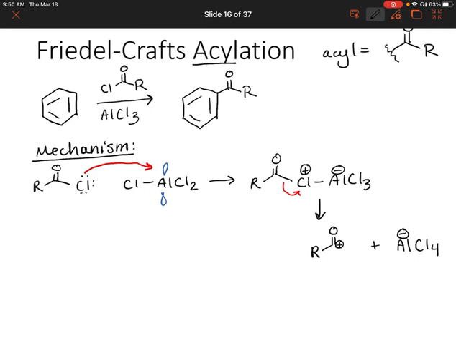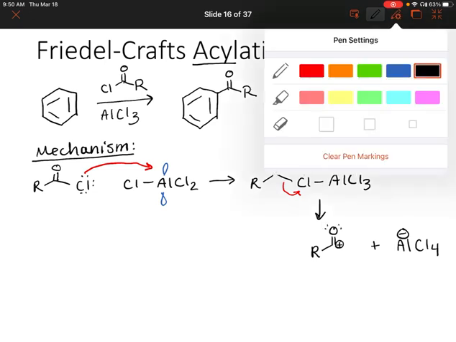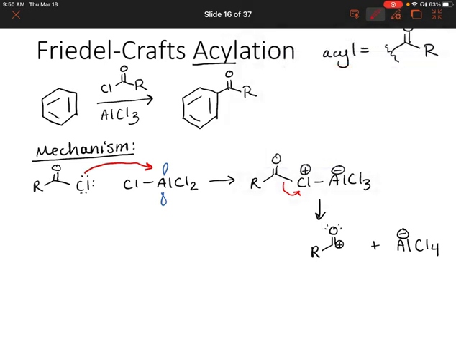Now, there is a resonance structure here for our acyl group. So the lone pair on oxygen can move down to alleviate that positive charge on the carbon below. And that will form a triple bond between carbon and oxygen, which is positively charged.